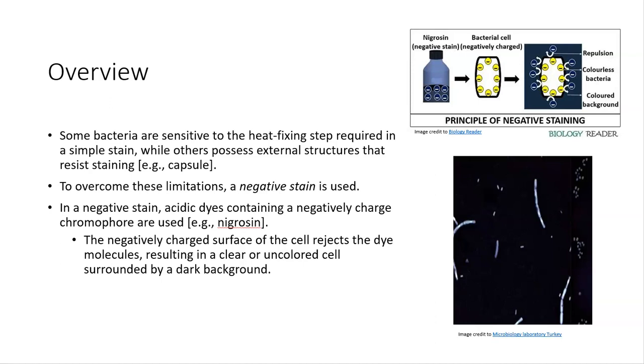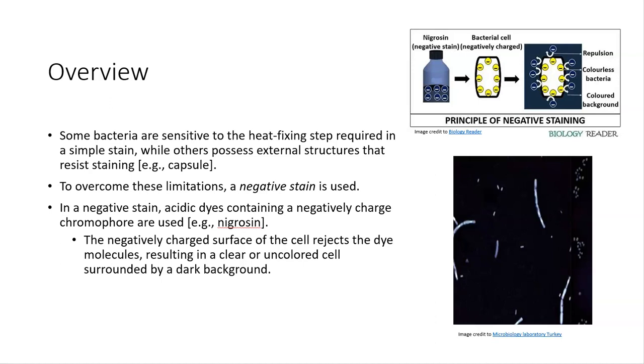Another reason we would do a negative stain is if we're trying to stain part of a bacterial cell that does not readily absorb stain. This is often done when we're trying to stain bacterial capsules.